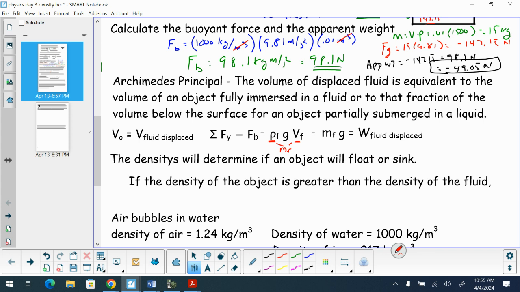So the weight of that fluid displaced is also your buoyant force. The weight of the fluid that you displace is equal to your buoyant force, whatever amount of water that you displace.